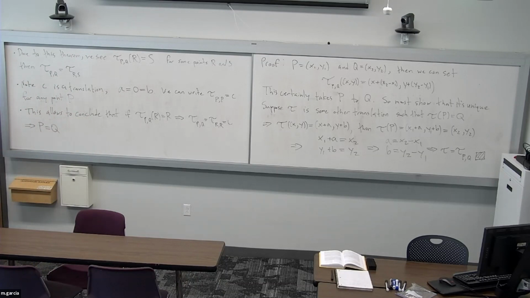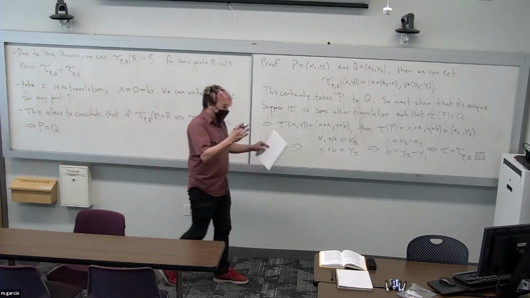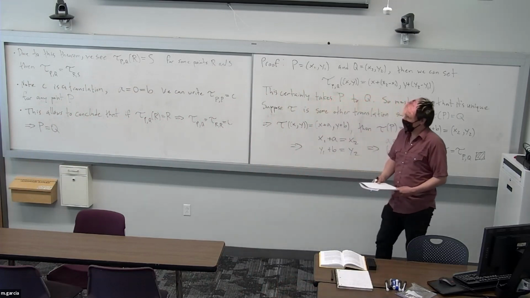It keeps every point the same. That's right. If a translation has a fixed point, it's the identity.